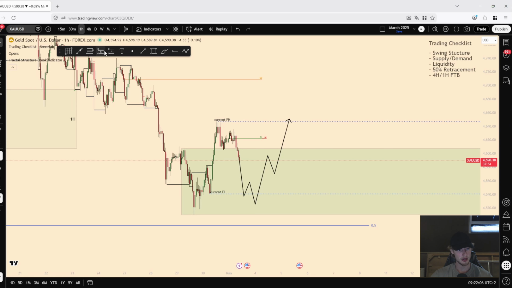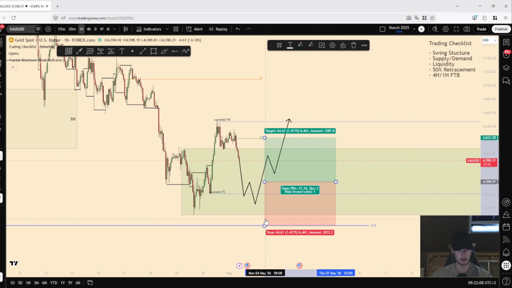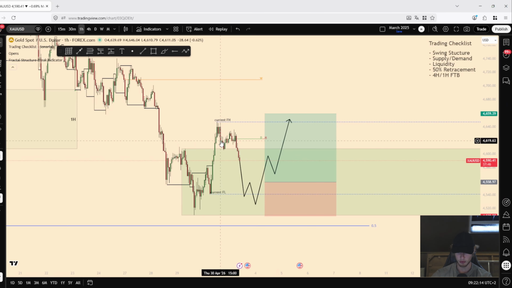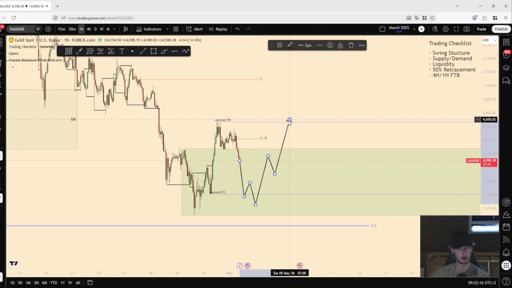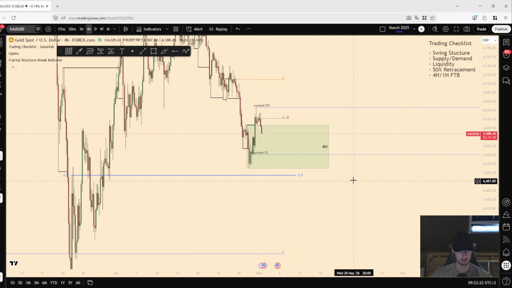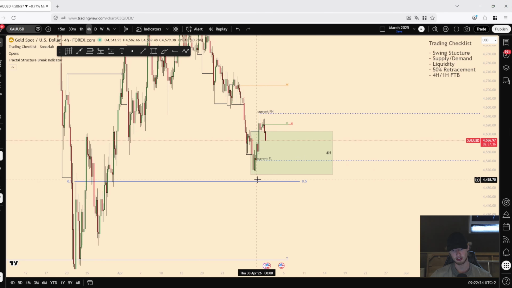Then I want to buy stop this over here, stop loss underneath this low, and then a 1 to 2 risk to reward, only if we can get the confirmation. On gold, it looks good to me to trade up towards the highs. Only thing is we didn't touch the 0.5.